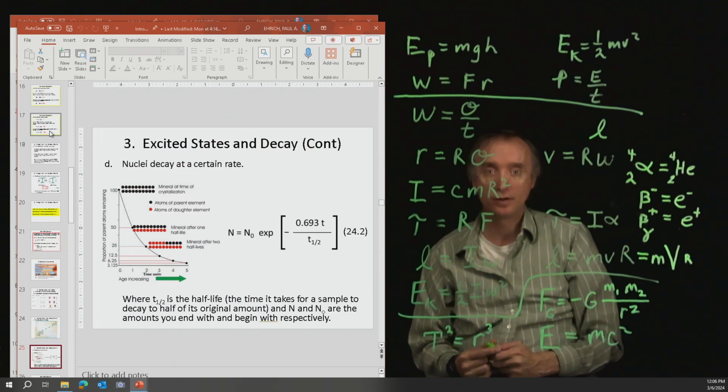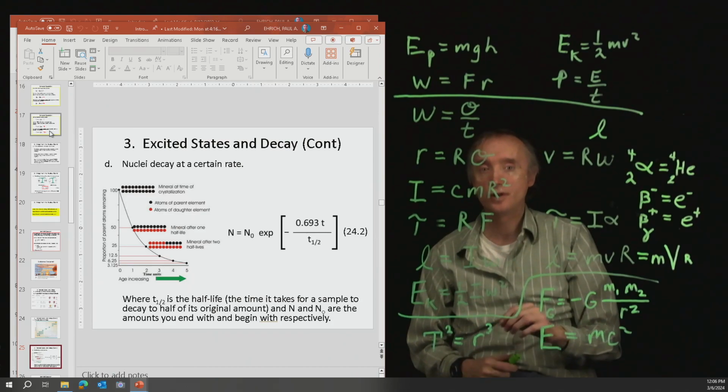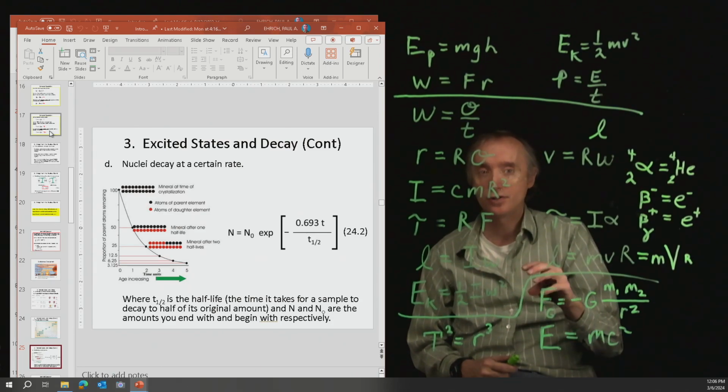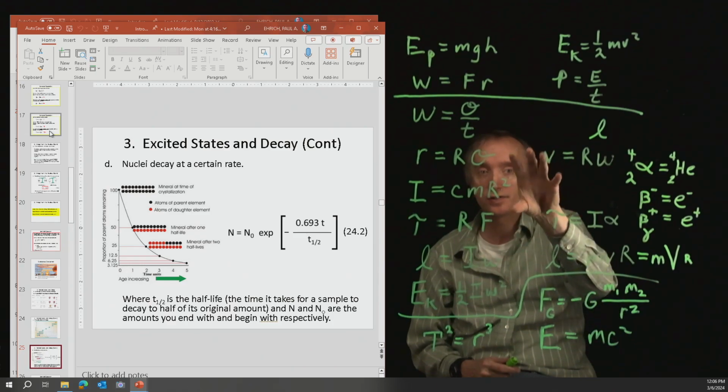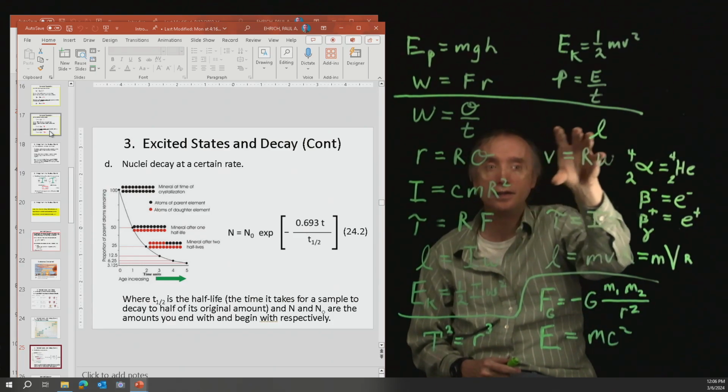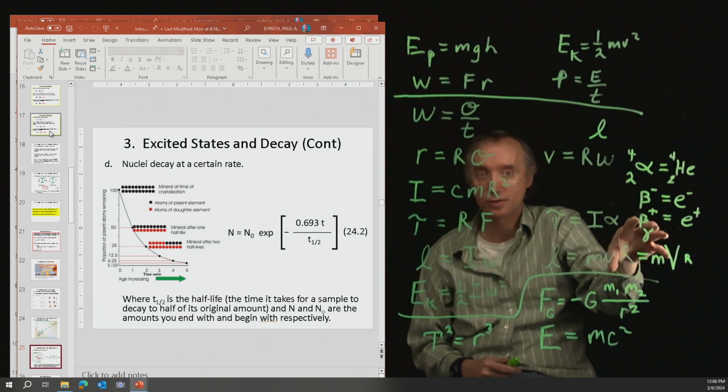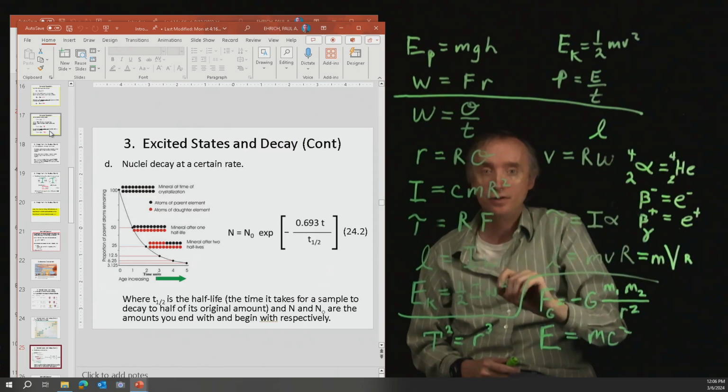Now there's a formula that you could use to calculate how much time it would take for a certain amount of a substance to decay into another substance. You're not going to use it.